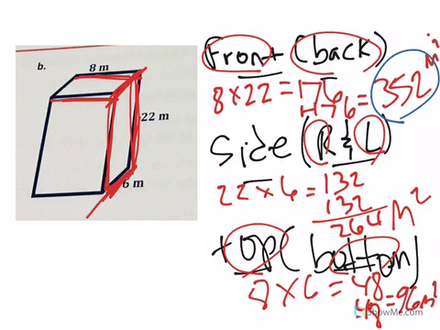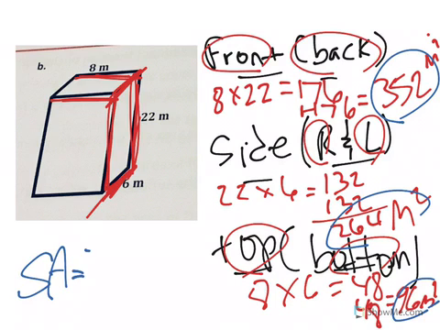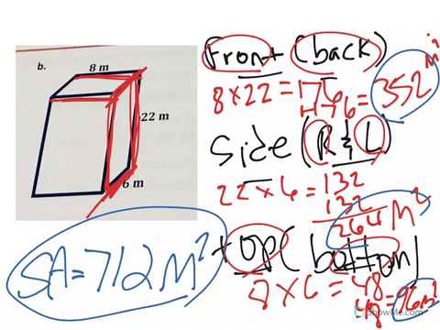Now what we need to do is take that 352, 264, and 96. We add them all together. So our surface area, or SA, if we add all of those together, is going to be 712 meters squared. That's the surface area for the entire 3-dimensional figure.